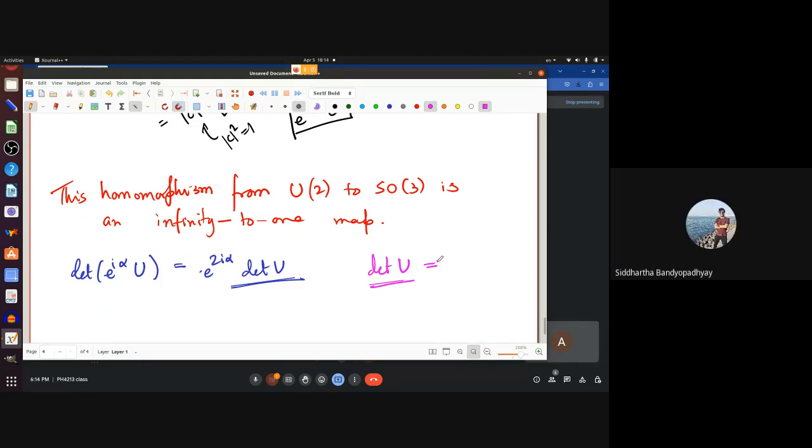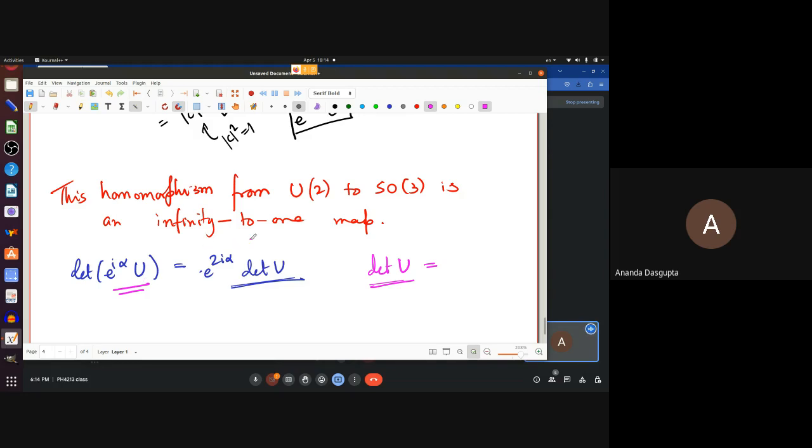Its determinant square is 1? No, that would be incompatible with the statement. If you square to 1, then it could be either +1 or -1. But here this is a unitary matrix, right? We claim that if U is unitary, e to the i alpha U is also unitary. Trivial to do.